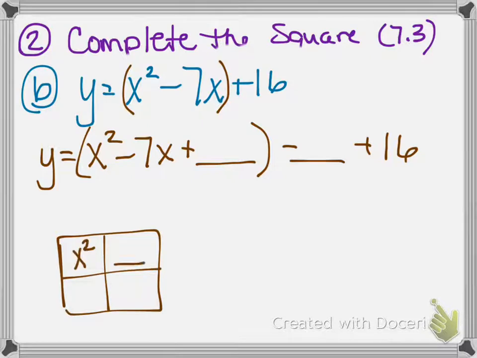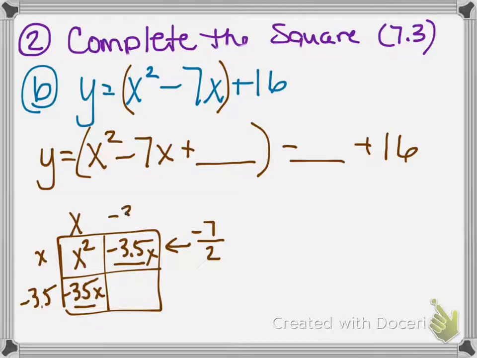X squared in here is half of negative 7, so in there is negative 7 divided by 2, which is negative 3.5 and negative 3.5. These guys get x's, so here's x, negative 3.5, x, and negative 3.5. So to complete my square, I need 12.25.